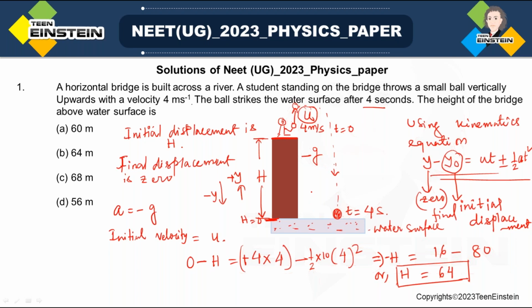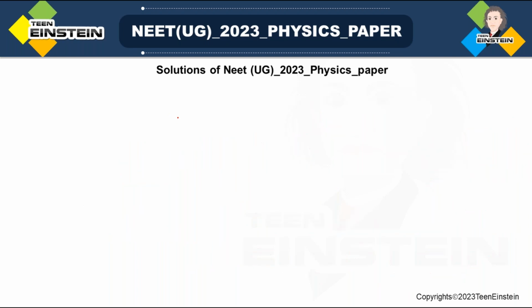Acceleration g always acts against this velocity, so we have to take it as negative. So that's the clarification. Now I'll ask you a question, just to make your understanding a little more sound.